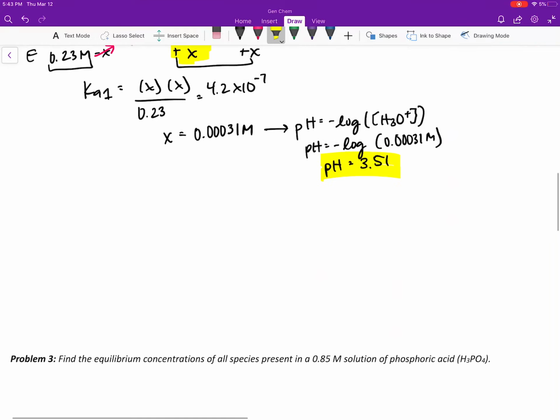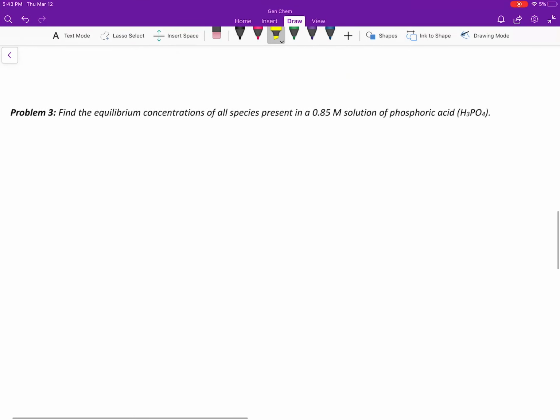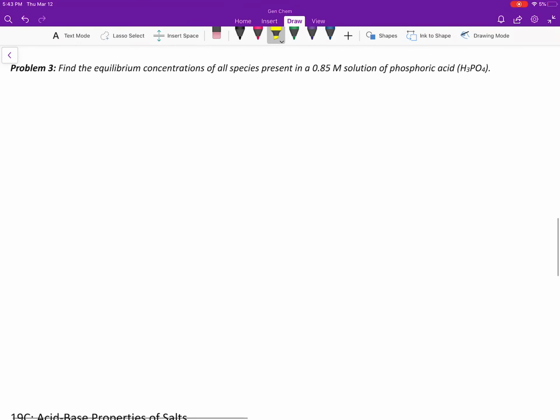All right, so now we are faced with another problem which says to solve for the equilibrium concentrations of all species present in a 0.85 molar solution of phosphoric acid. Okay, and so this is kind of a tricky problem because as you may see, phosphoric acid has 3 protons.